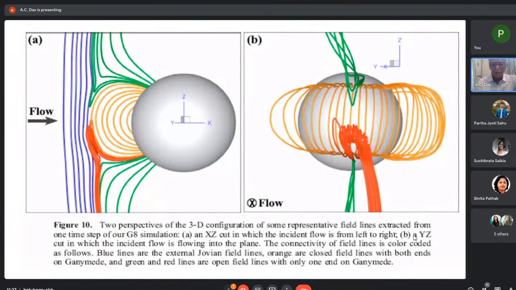Then the 3D configuration: the magnetic field of the moon is associated with the picture that is shown. There are open field lines because of the reconnection, one on the inward and the other on the outward side, and this is the kind of picture it has because of the reconnection of the magnetosphere of Jupiter with that of the moon.